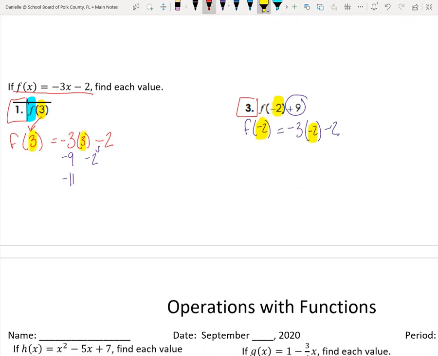And then, at the end of all of that, I need to plus 9, because that's what it says right there, plus 9 at the end.